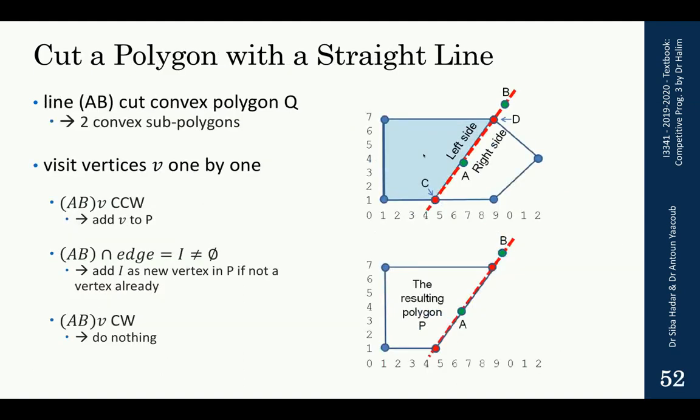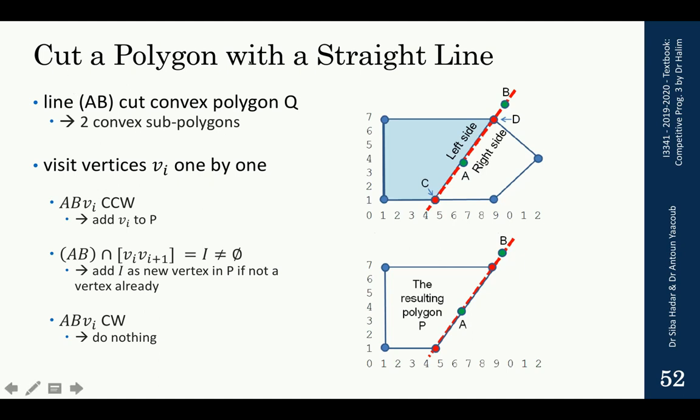Another topic is cutting a polygon with a straight line. Two more topics to go. The one before the last is cutting a polygon with a straight line. This is a convex polygon, and this is the straight line in red, given by 2 points A and B, and we want to know the left side of the cut polygon.